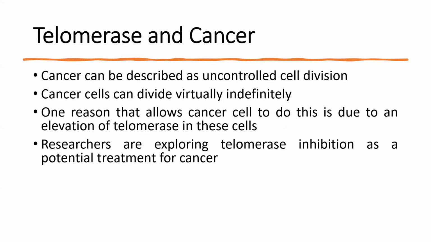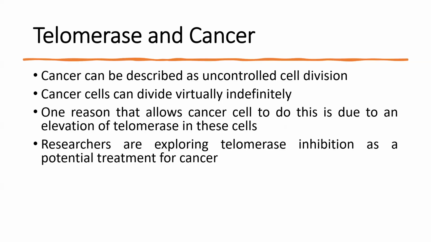So even though telomerase is critical in reproduction because we reset the length, having it in the wrong cell is actually quite bad because it could create cancer. One of the treatments being explored for cancer is telomerase inhibition.